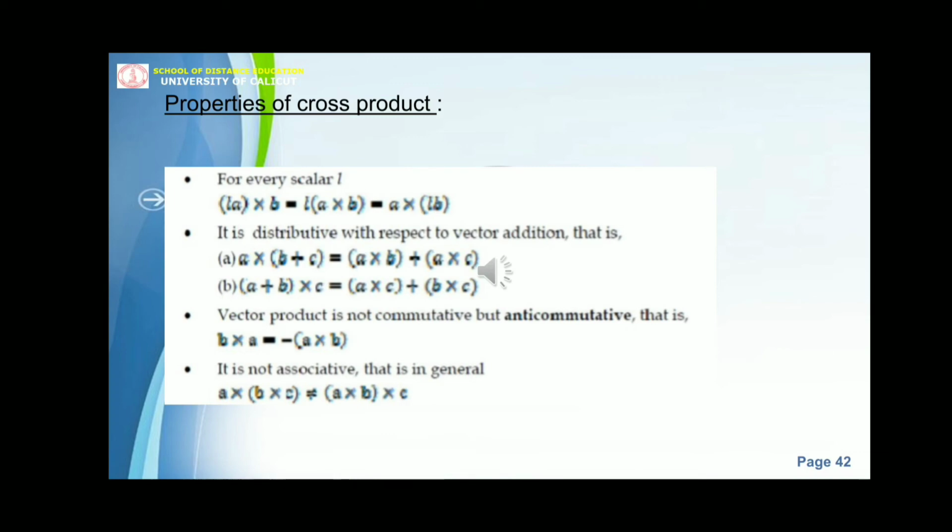That is, A cross B plus C equal to A cross B plus A cross C. Third property, vector product is not commutative, rather it's anti-commutative. That is, B cross A equal to minus of A cross B. Fourth property, in general, cross product is not associative. That is, A cross B cross C is not equal to A cross B cross C.